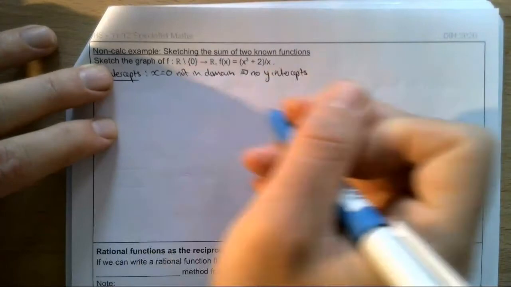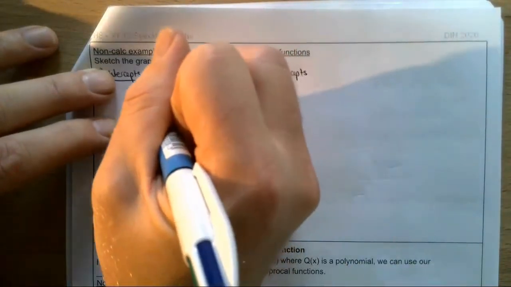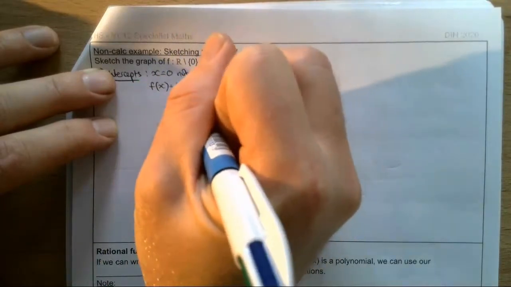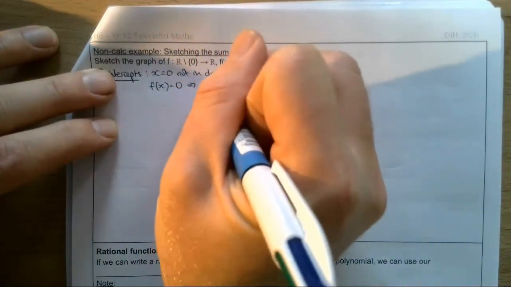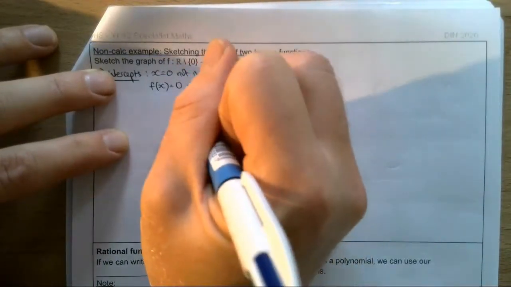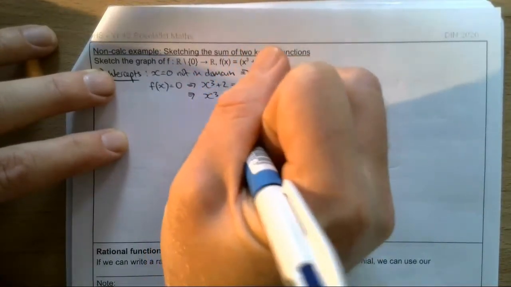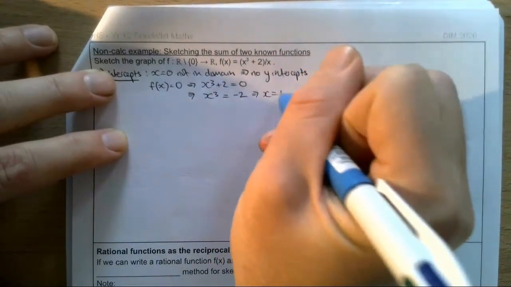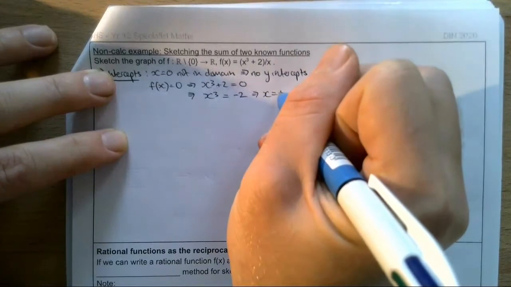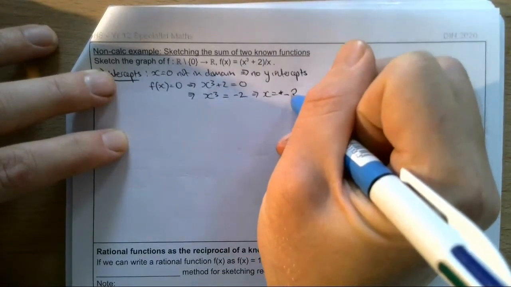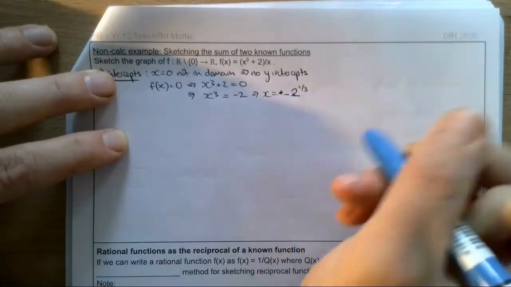Then we need to think, okay, when is f of x equal to 0? That implies that x cubed plus 2 is equal to 0 for the numerator. So x cubed equals minus 2, so x equals minus 2 to the power a third.